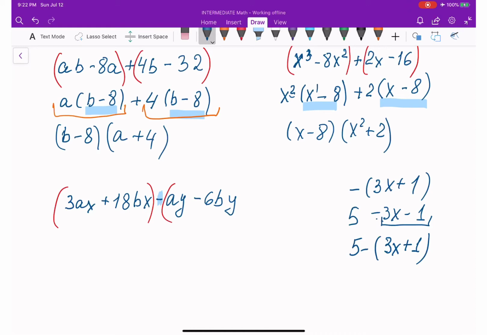Why? So when you open this negative, you still will have minus 3x minus 1. You get the original one. We understand it? Therefore, once we take things in parentheses, we need to change the sign of every single term.